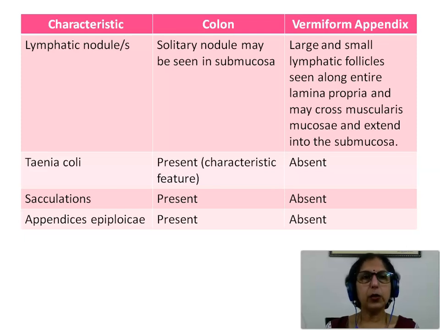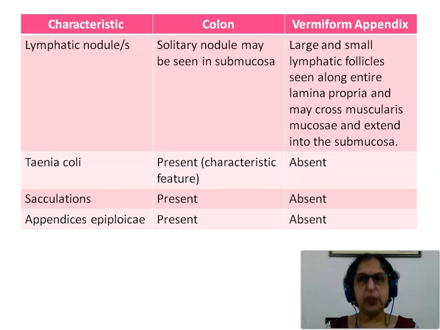Now when we look at the lymphatic nodules, in colon a solitary nodule may be seen in the submucosa, and this is true for any part of the GIT where we can see a solitary nodule in the submucosa.